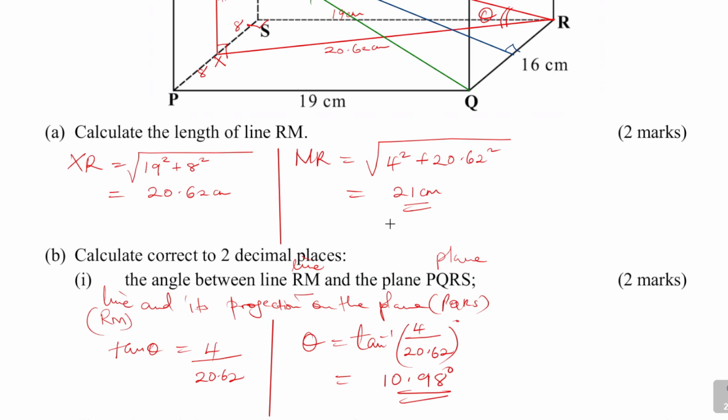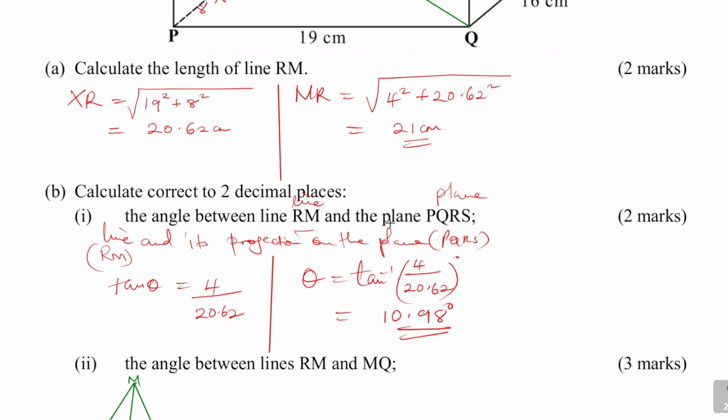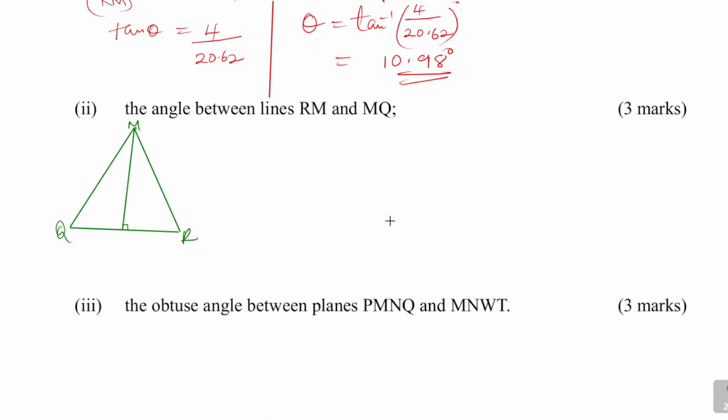I have already extracted that triangle MQR. Since we already got this side as 21 centimeters, this will also be 21 centimeters.